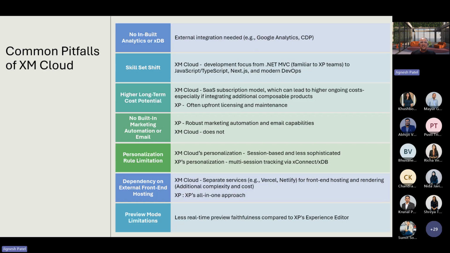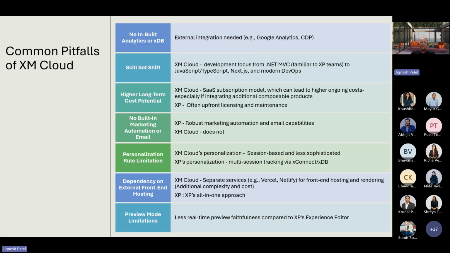Personalization rule limitation: XM Cloud has session-based and less sophisticated personalization if you are using the inbuilt personalization, but if you are using Sitecore Personalize, you can do complex personalization. While in case of XP, multi-session tracking via XDB and Connect means even more granular personalization can be achieved in XP.